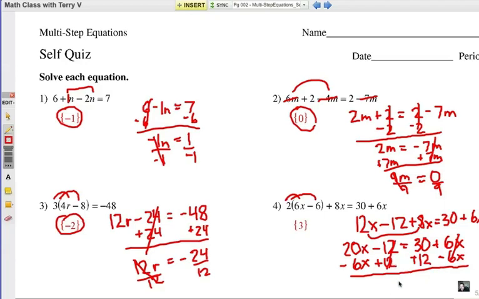But because I'm running out of space, and I know that some of the students who are watching this video know how to do this, we're going to combine those 2 steps in one row. So I have 20x minus 6x, which is 14x. And over here I have 30 plus 12, which is 42. Last step is to divide both sides by 14, and you can see that that is why my answer is 3. Positive 3. All right, that's the self-quiz 1.